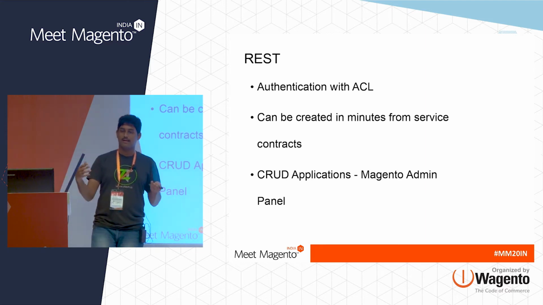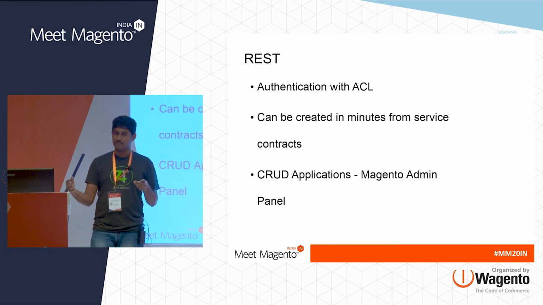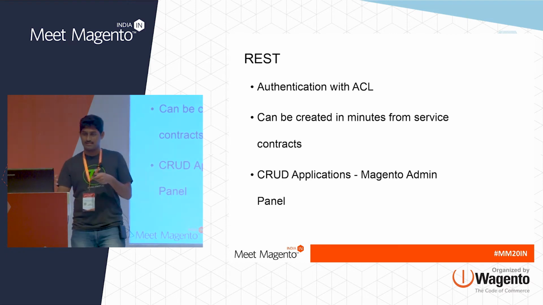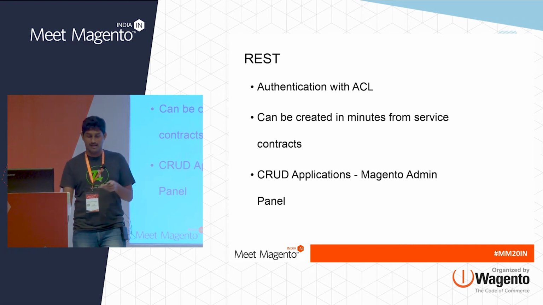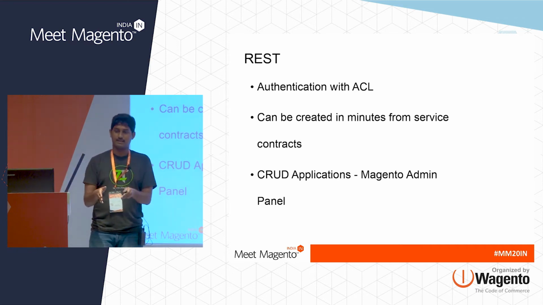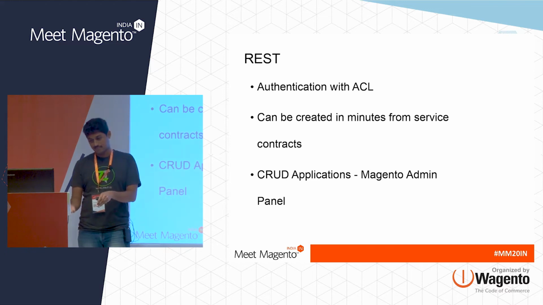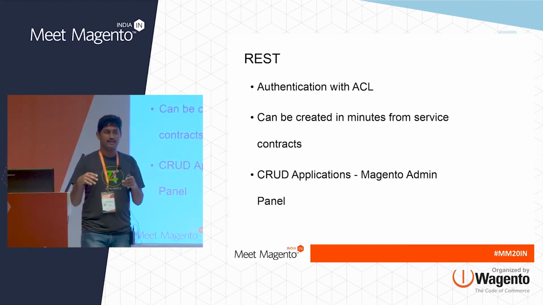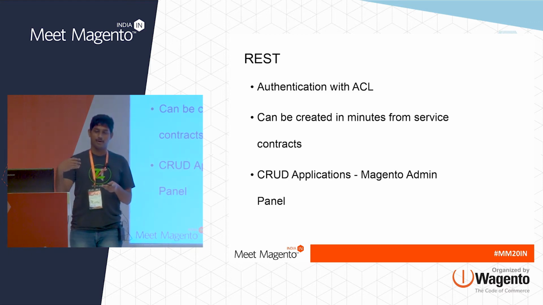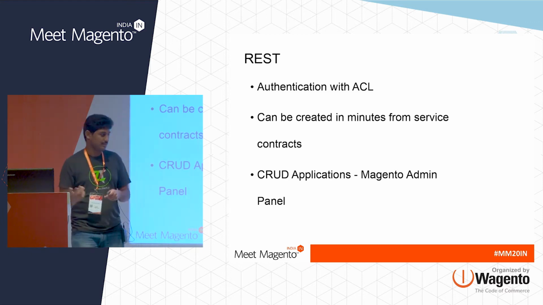You will write that this particular admin user has to use just these resources, and he should not use those resources. For example, a customer-related user who handles customer records should access only customer-related resources, and then he cannot access your products or orders or something like that.